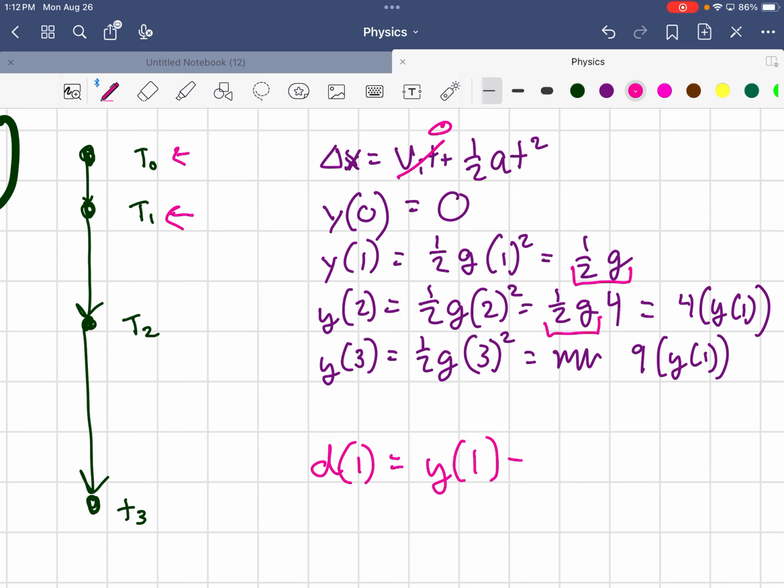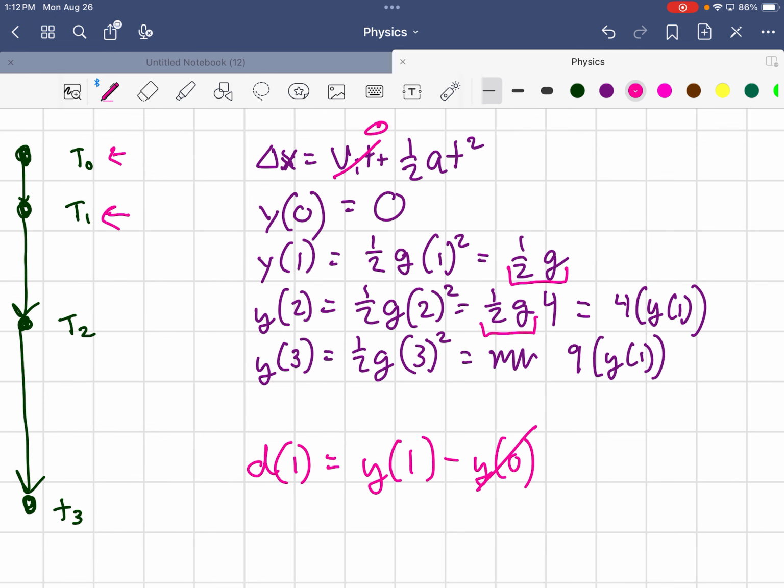I get it, T0, a whole bunch of zeros, but it's going to help us establish a pattern. Are we good for that part? So, okay, this is 0, so this equals just y1.